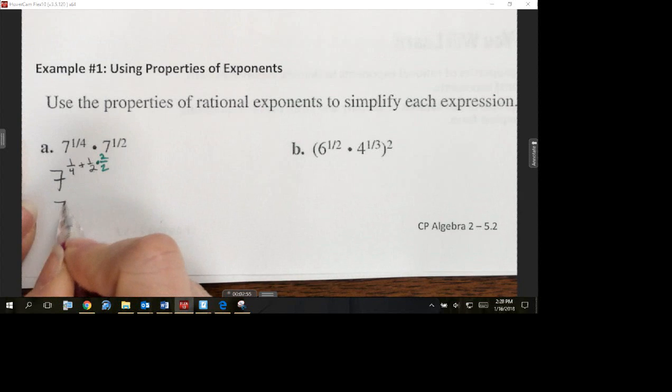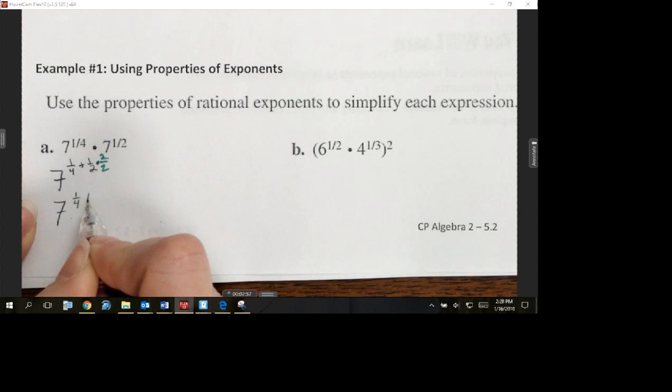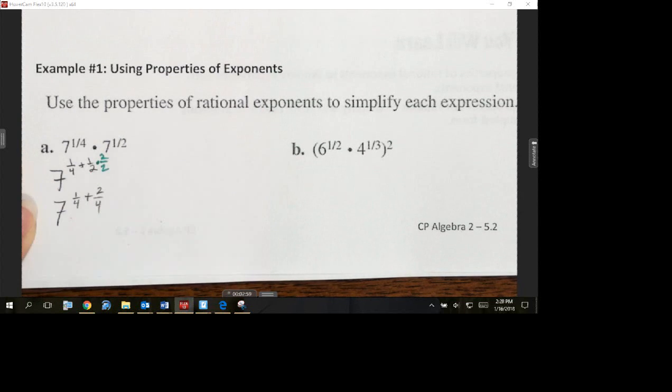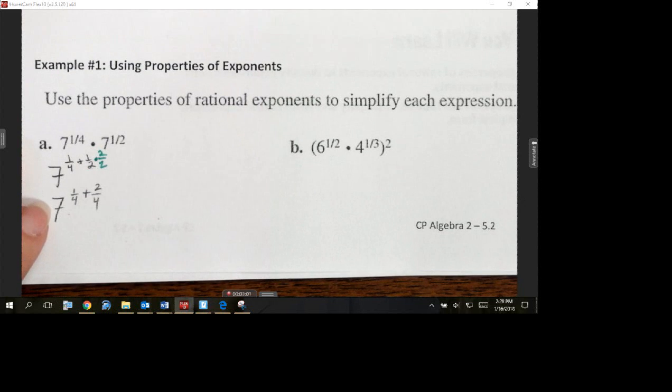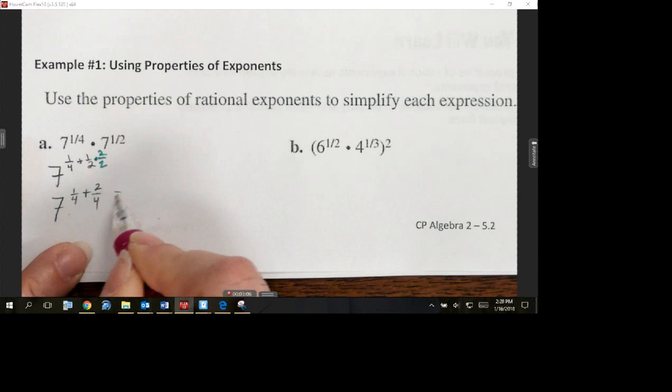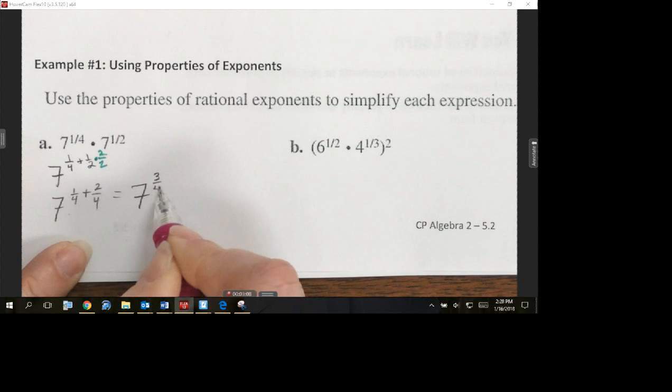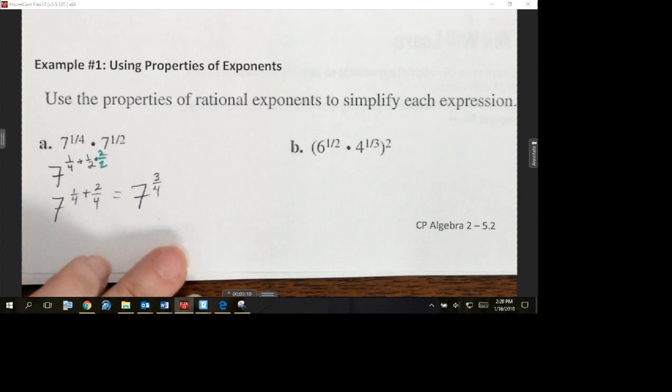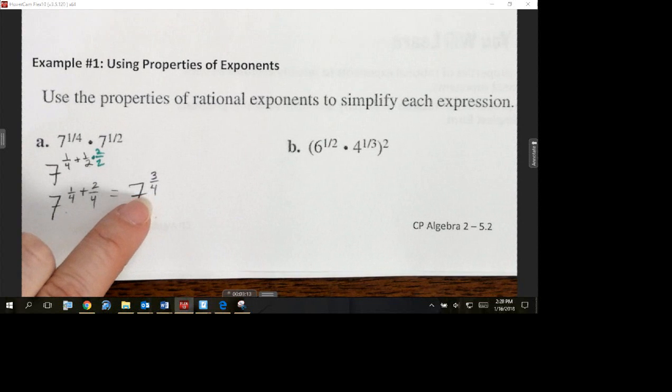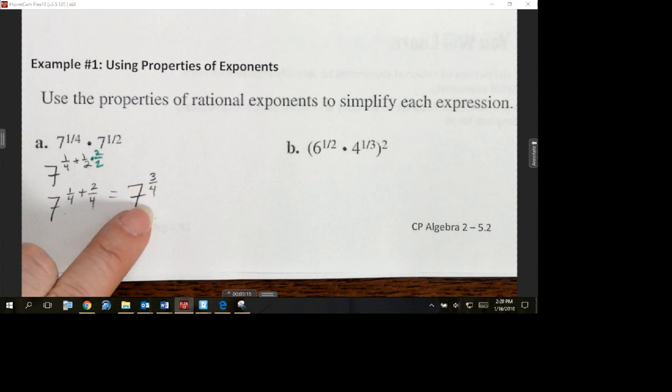I now have 7 to the 1/4 plus 2/4. So if I have 1/4 and I add 2 more fourths, I now have how many fourths? 3/4. Now to know if that is simplified all the way, can I reduce 3/4?